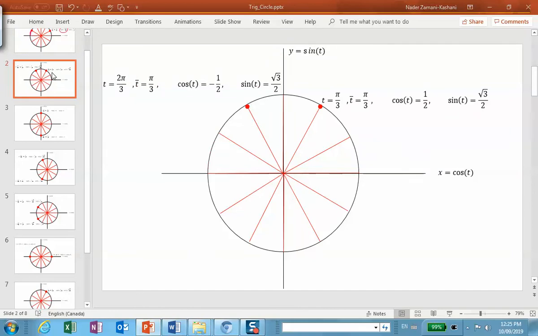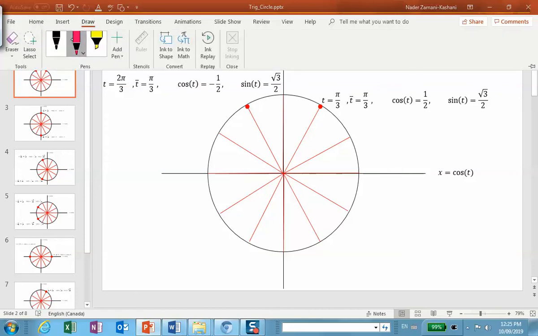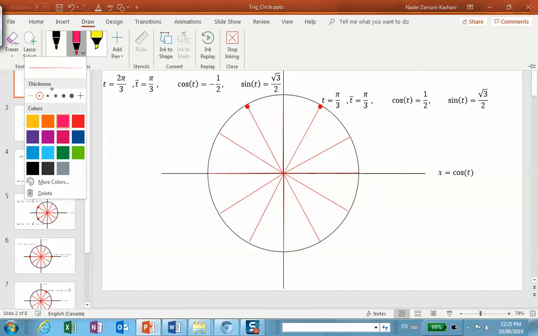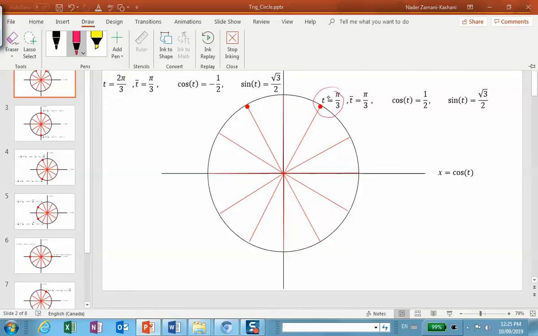All right. So here the value of t is equal to 2 pi over 6, which is pi over 3. Again, it's in the first quadrant, therefore the reference angle for it is pi over 3.